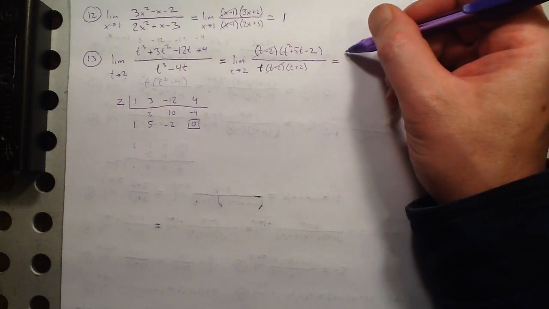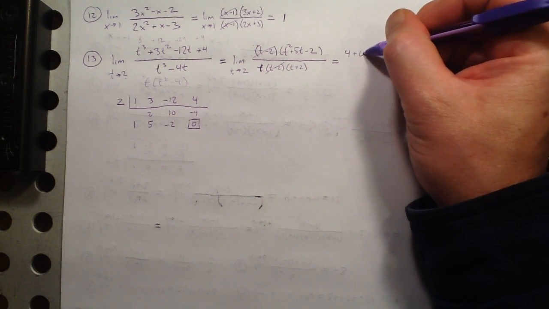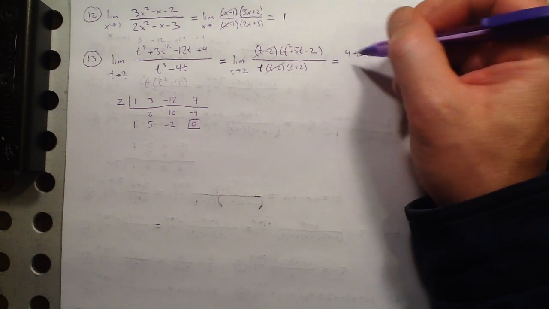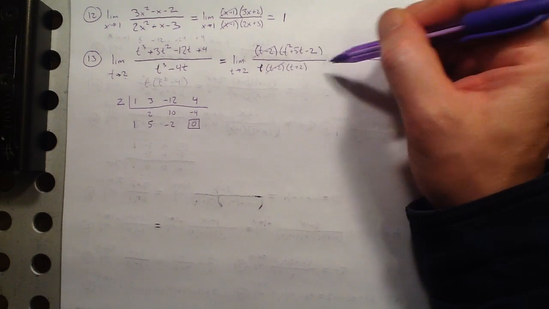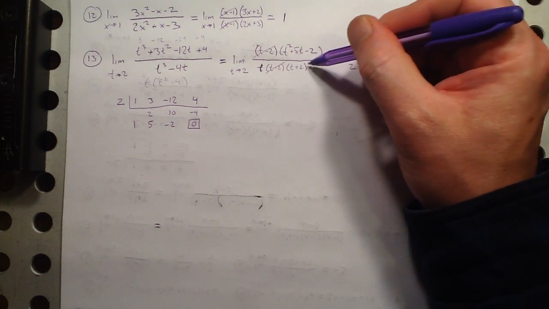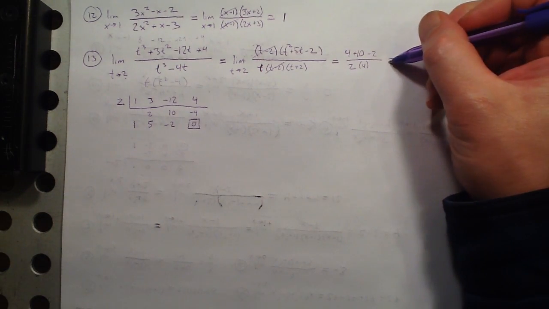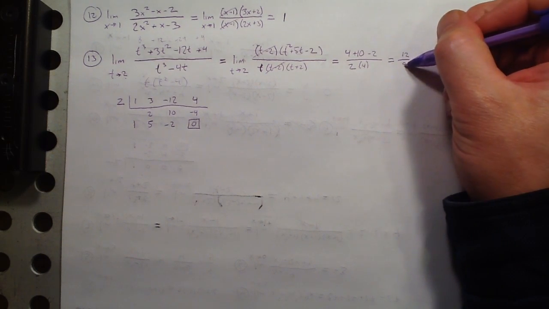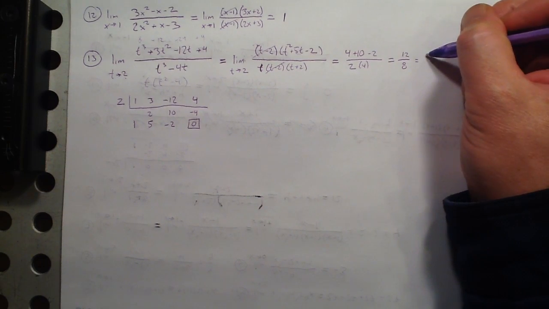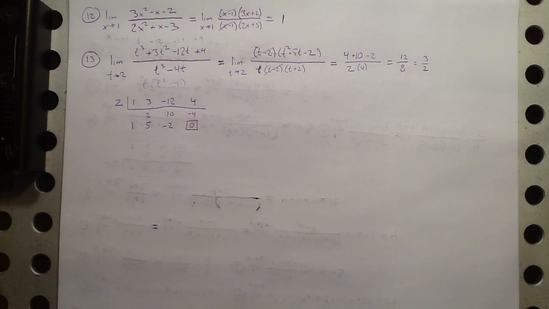So 4 plus 10 minus 2 over 2 times 4 is 12 over 8, or 3/2.